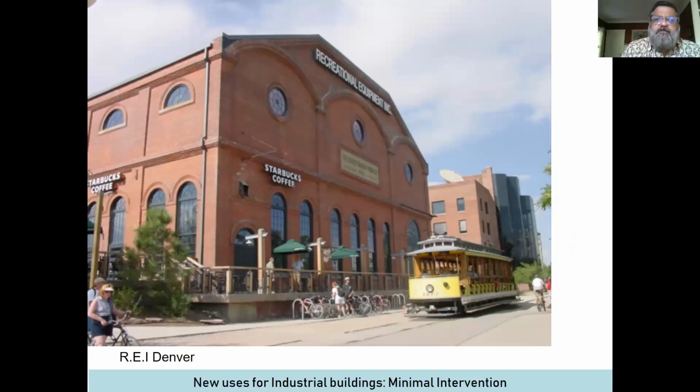This is an industrial building in Denver, the Denver Tramway powerhouse. It was constructed in 1901 to house boilers and engines used to generate electricity. Let me close the door here because there's some noise.